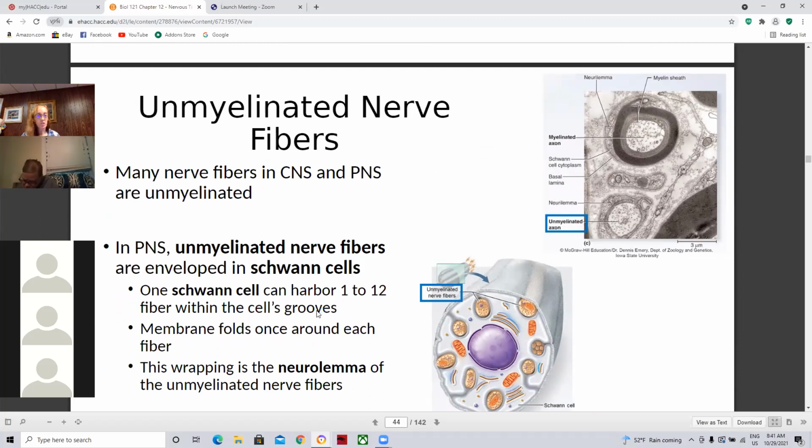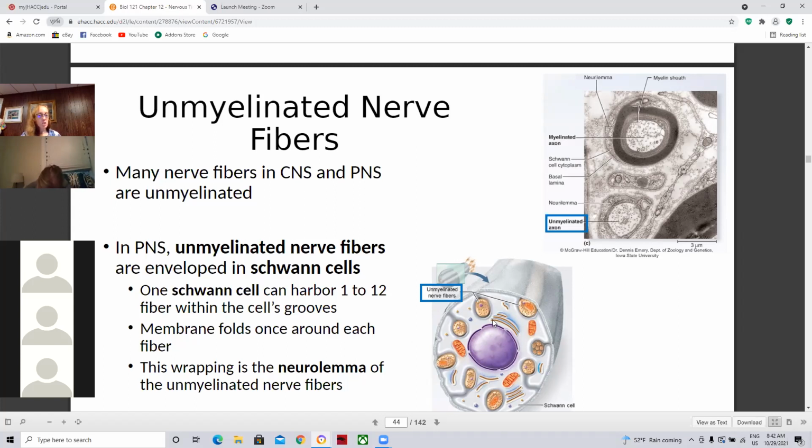If you think nerve fibers are axons. So unmyelinated nerve fibers, how are they arranged? They're enveloped in the Schwann cells that myelinate other nerve fibers.